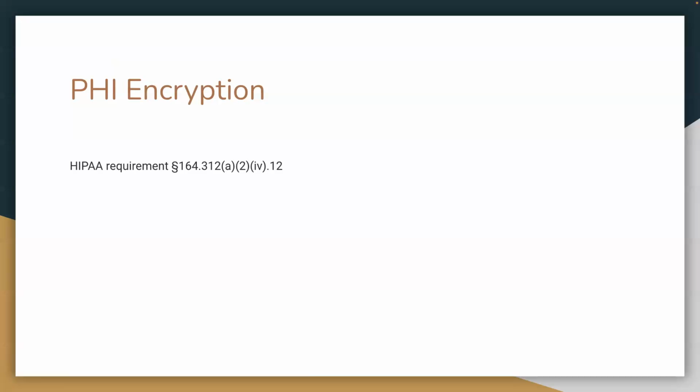And the HITECH Act of 2009 modified the HIPAA breach notification by stating that if a device is lost or stolen and it can be proven that the data is unreadable, by either secure destruction or encryption, the loss is not reportable as a breach.